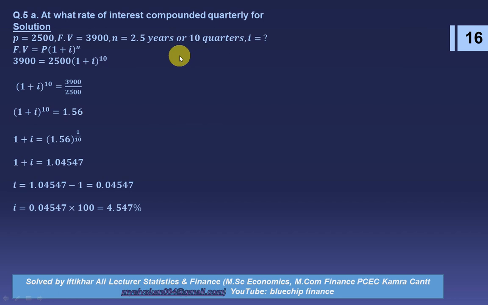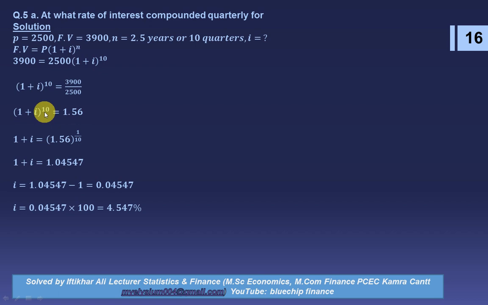So here we can apply the formula of future value, that will be future value equals principal multiplied by (1 plus i) raised to power n. Future value is 3900, P will be 2500, 1 plus i is missing and n is 10. So first of all 3900 divided by 2500, as it is given here. (1 plus i) raised to power 10 will be equal to 1.56.